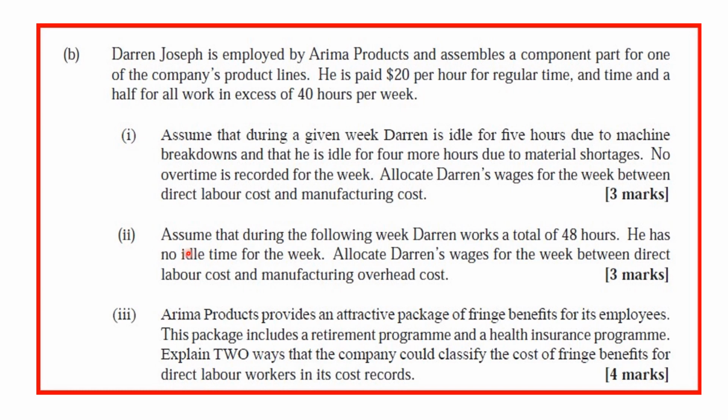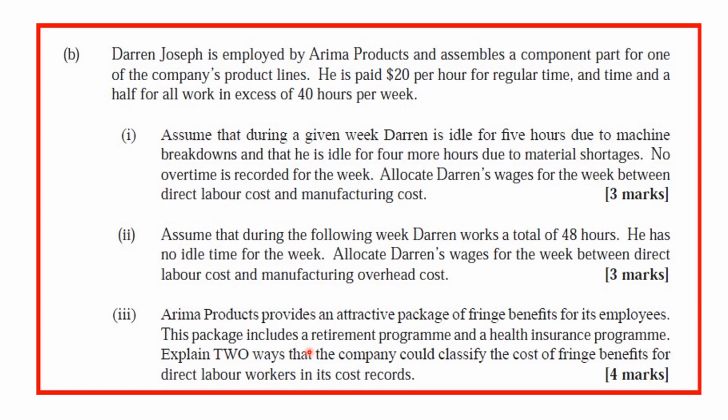Part two, assume that during the following week, Darren works for a total of 48 hours. He has no idle time for the week. Allocate Darren's wages for the week between direct labor costs and manufacturing overhead costs. So this is indirect labor costs again here. Arima Products provides an attractive package of fringe benefits for its employees.